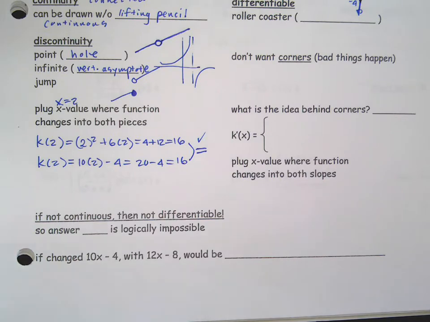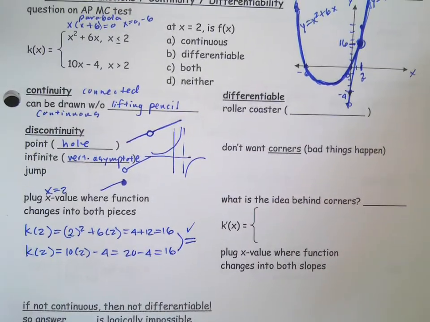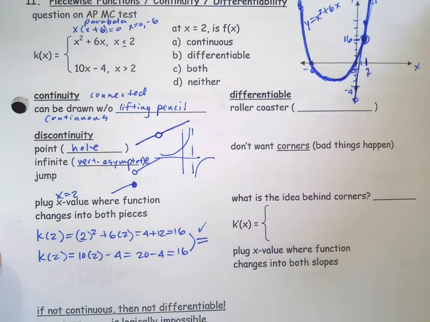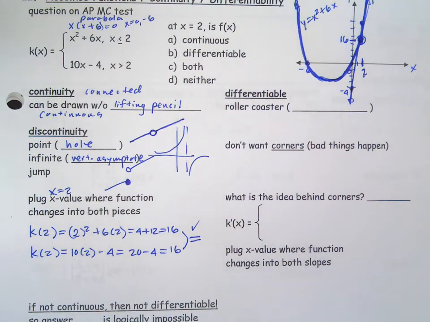So another idea is that that's what it means for a function to be continuous, or for continuity to exist. Another one is if a graph is differentiable. And differentiable is a fancy word for the derivatives existing everywhere. In simple terms, it's like a roller coaster.